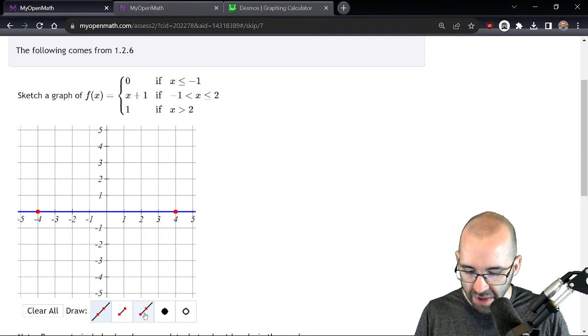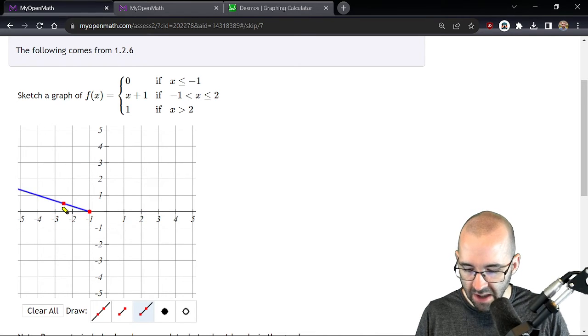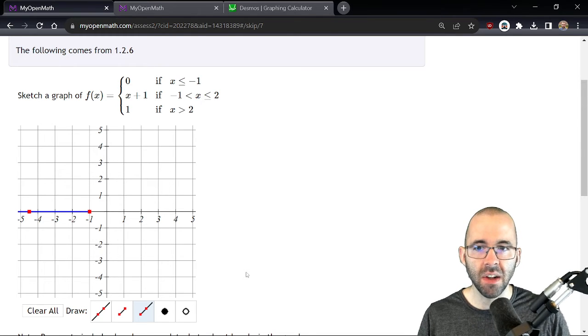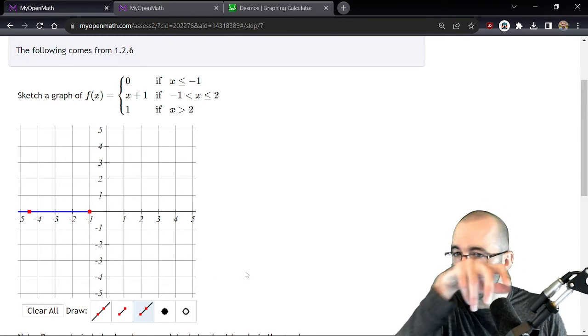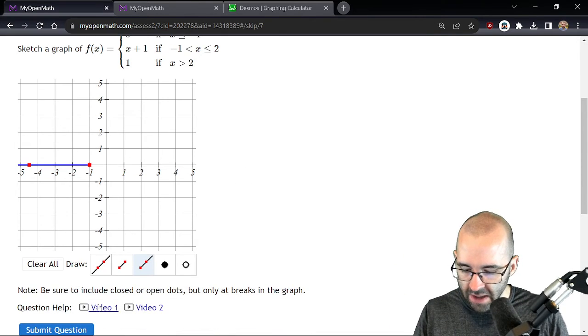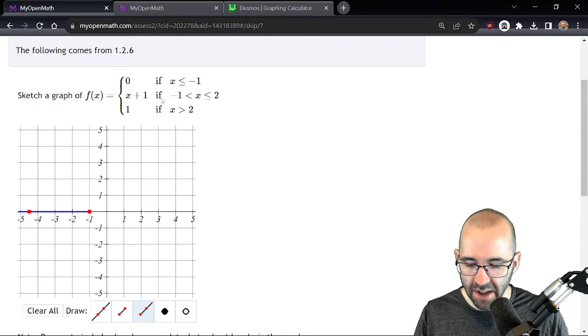So we can switch over to this tool, which has one direction, and say we're starting at -1, and we're going as far to the left as we can along that line. We're trimming it down. And again, it says to be sure to include closed or open dots when there are breaks in the graph. So we'll worry about that at the end.